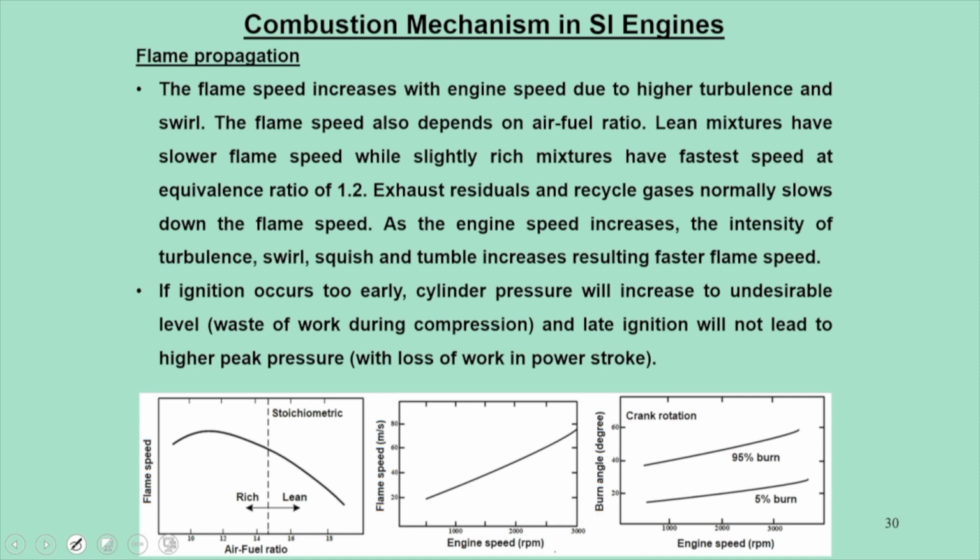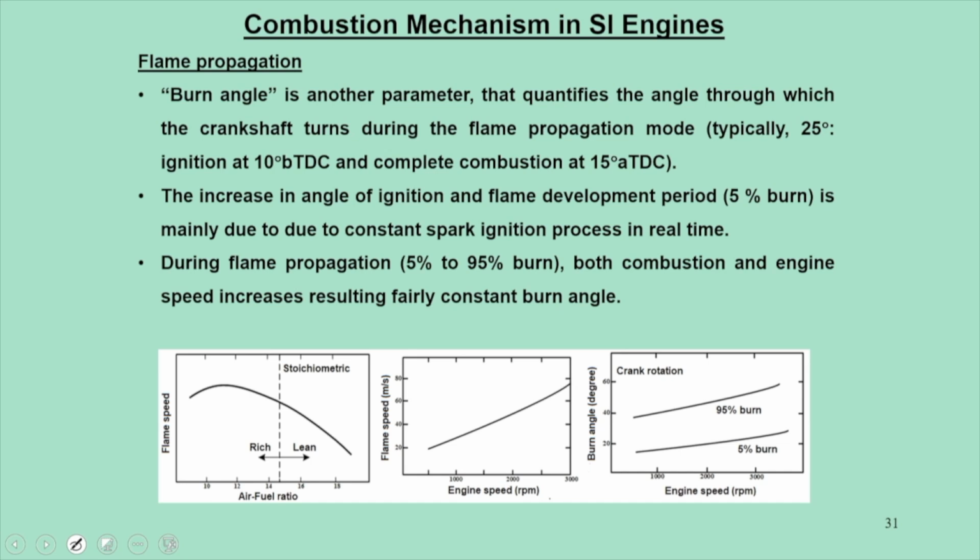These are some of the classical concepts of the flame propagation zone. There is another term called burn angle, which is the parameter that quantifies the period during which the charge gets consumed.